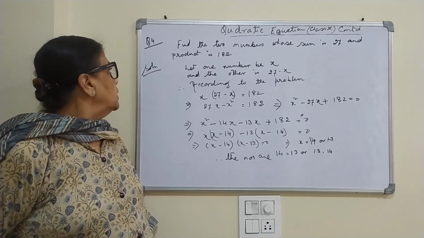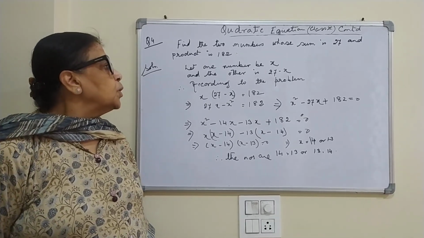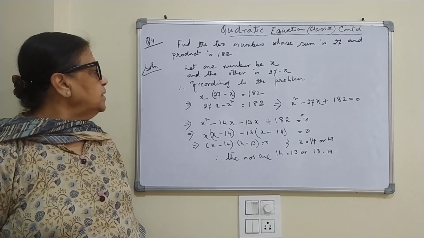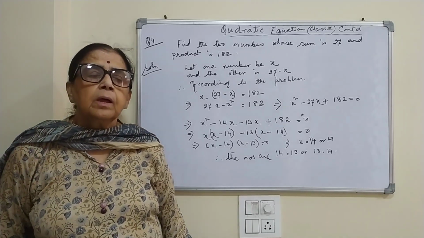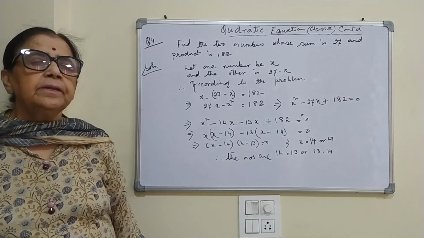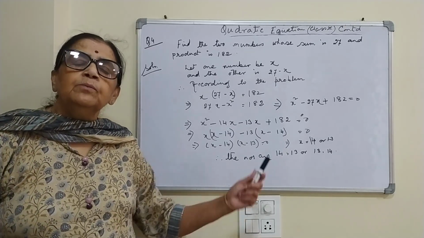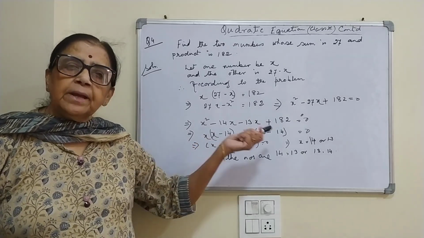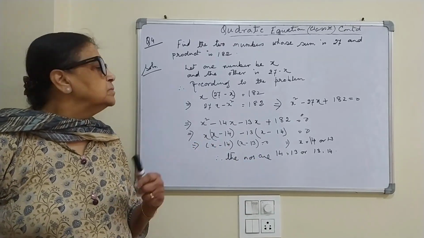Now question number 4. Find the two numbers whose sum is 27 and product is 182. Let one number be x, the other number will be 27 minus x, because the sum of these two will be 27.